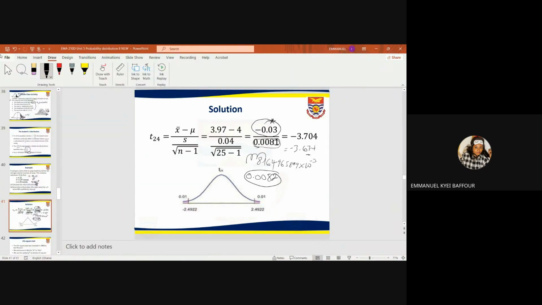If your population mean and standard deviation are not known, then you can find approximations for these parameters using sample statistics. And after that, you come and use your T distribution. So that is how we conclude for those things.